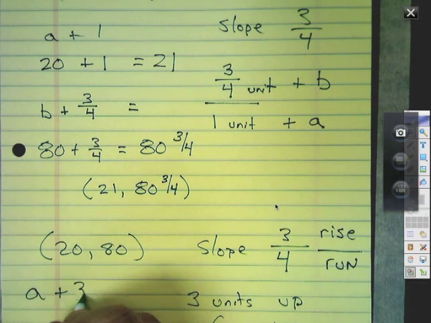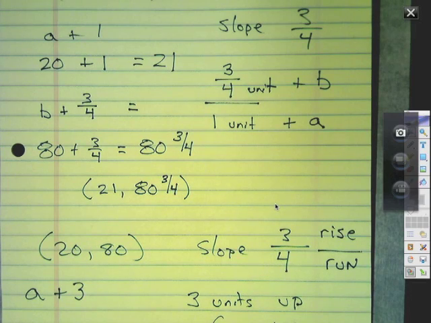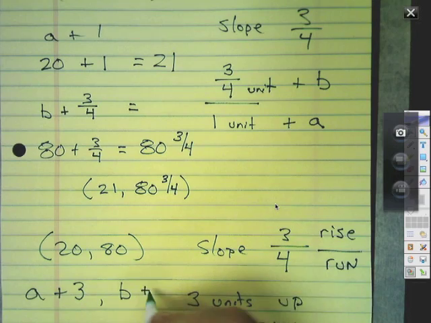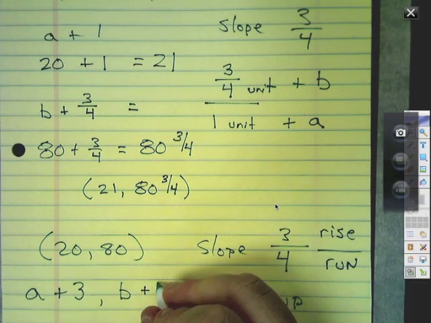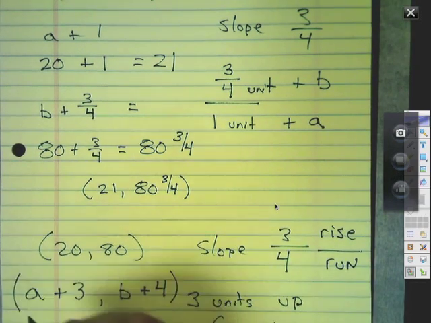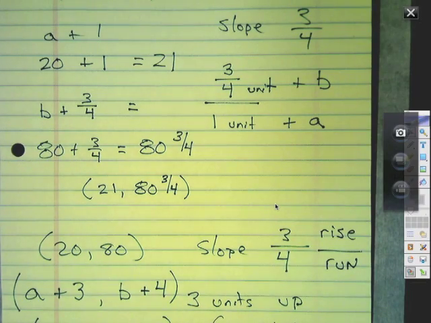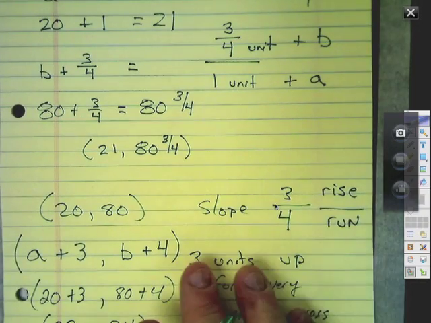Which means then we're going to take A and add 4, and take B and add 3. A in this case is 20 plus 4. B in this case is 80 plus 3. My new point is (24, 83).